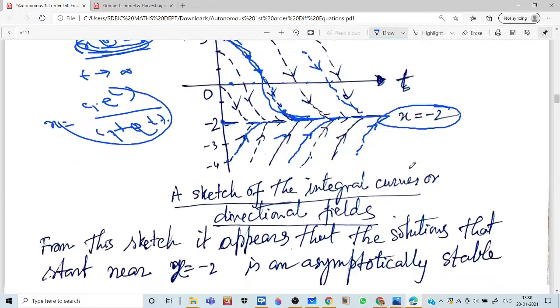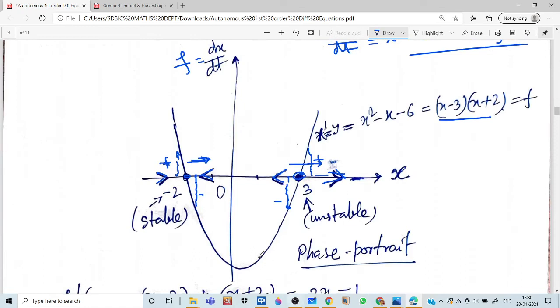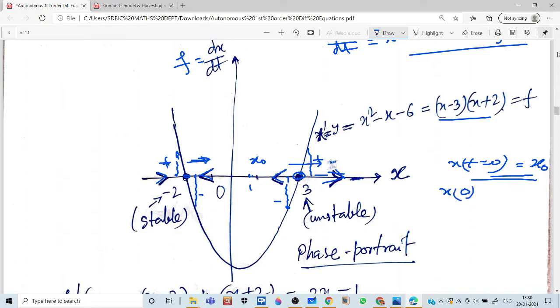So actually by this phase portrait we trace the nature of the solution curve. If you start from the region from -2 to 3, suppose the initial solution x0 starts from this point, where x at the point t is equal to 0 is called x0, the initial condition. Suppose x at 0 is equal to 1.